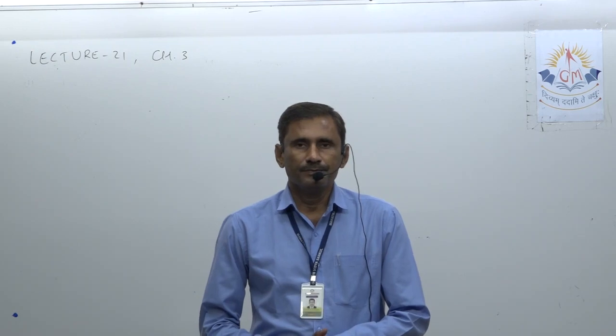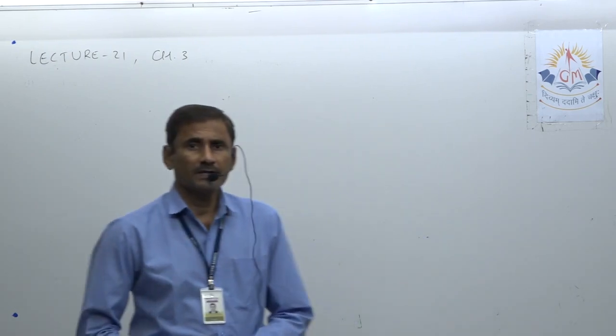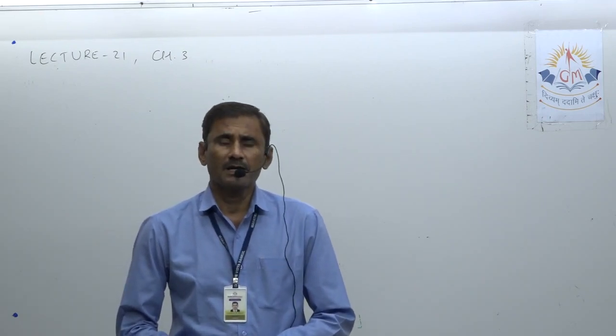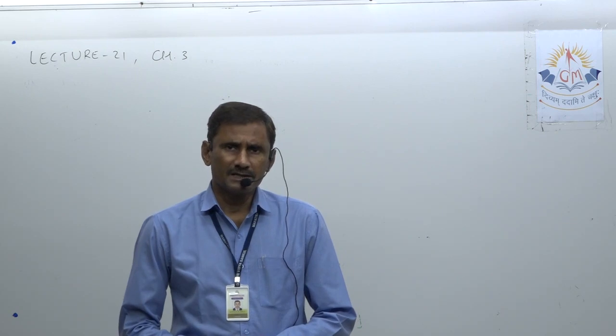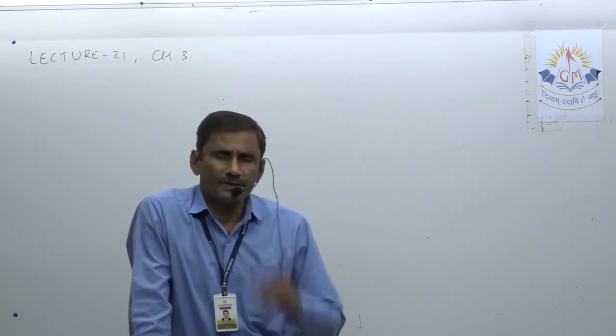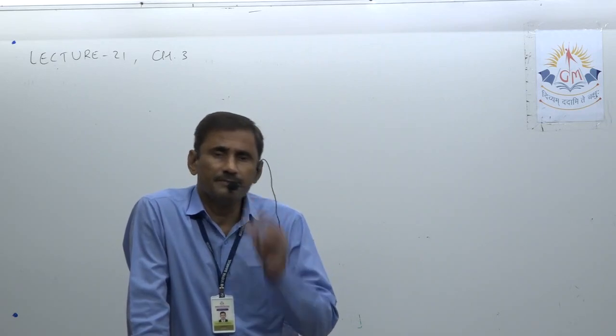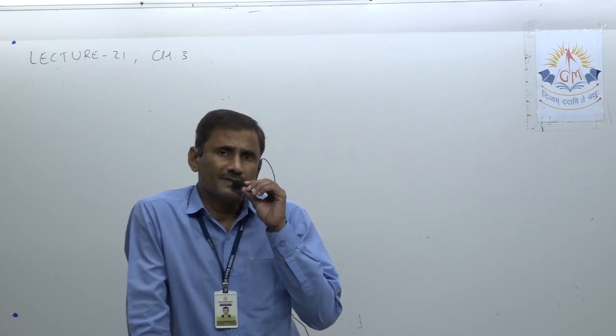We are now studying squares and square roots in chapter number 3. In the previous lecture, we studied how to find the square root by the factorization method as well as by the long division method.